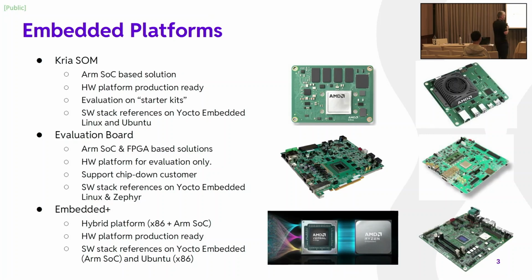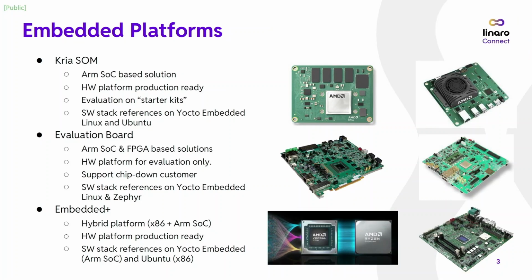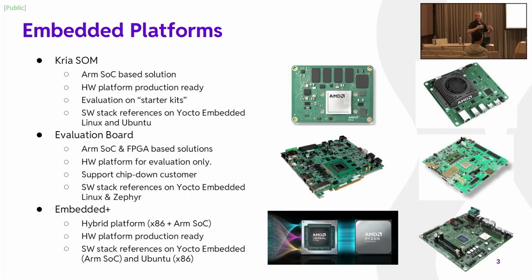And then lastly, our newest platform is what we call Embedded Plus. This is really marrying the legacy Xilinx and the legacy AMD together, where we've got a Xilinx Versal FPGA SoC with Ryzen. This is a platform you'll see out in the demo booth area where we're bringing together the x86 world and the ARM world.